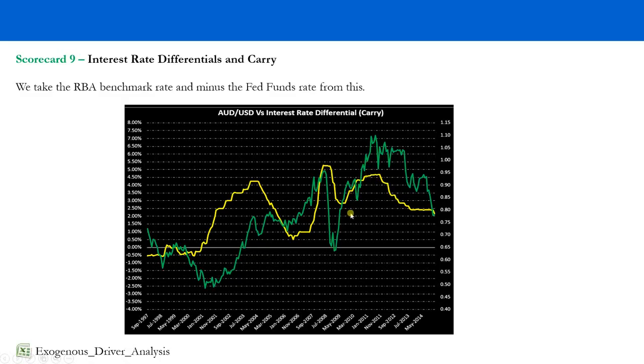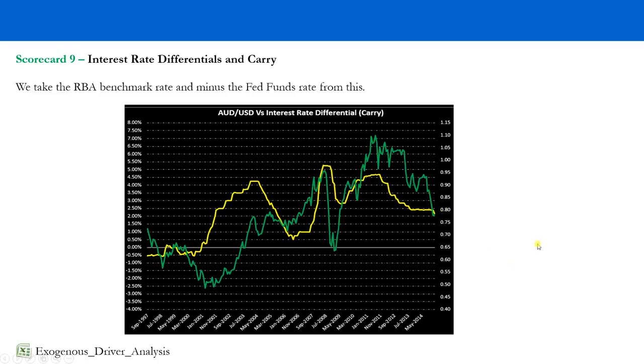What you can also see is when the interest rate differential narrows, the exchange rate tends to fall. So narrowing here, and exchange rate falls, narrowing here, exchange rate falls, and also narrowing here, exchange rate falls.